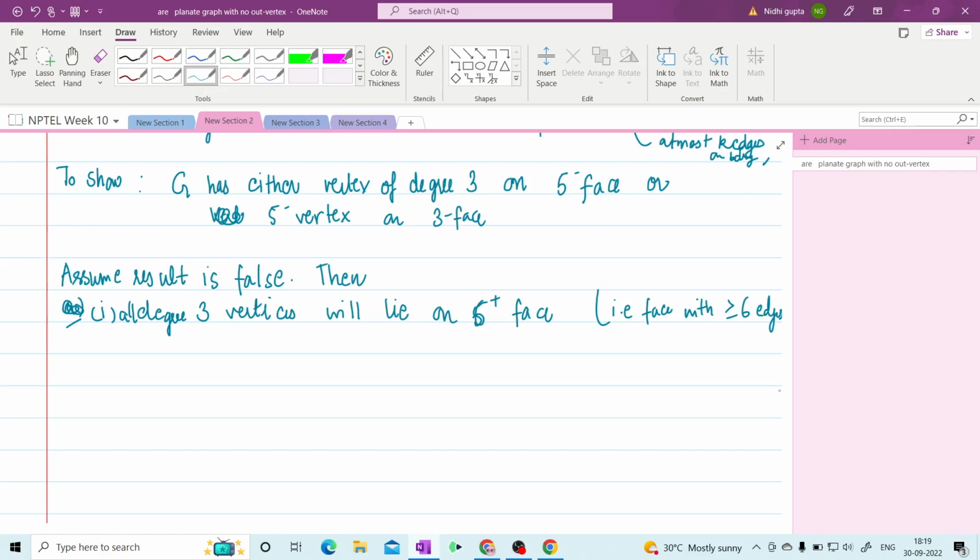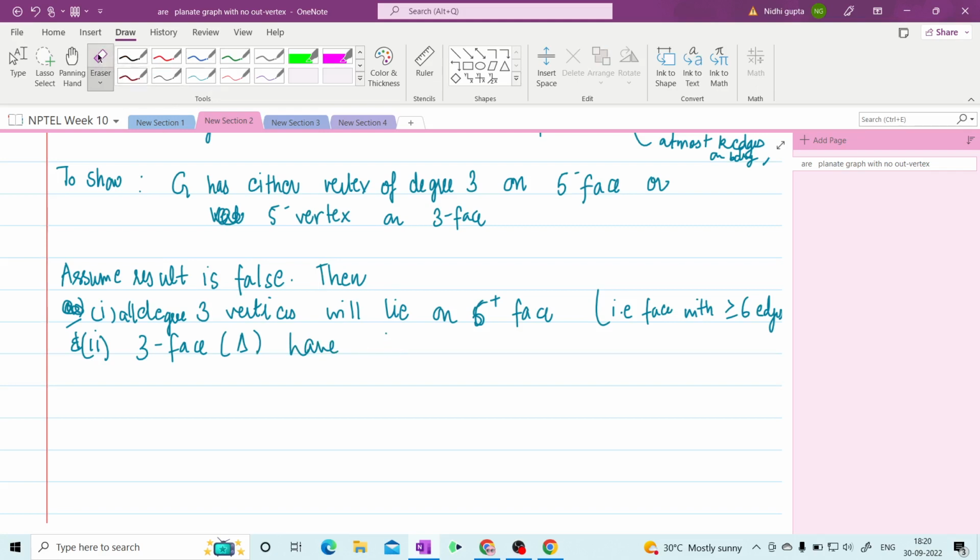And all triangles, or 3 faces, have 6 plus vertices.